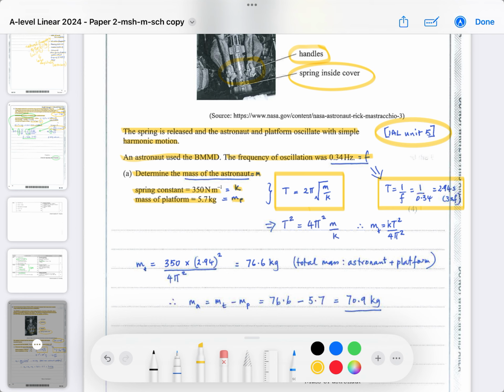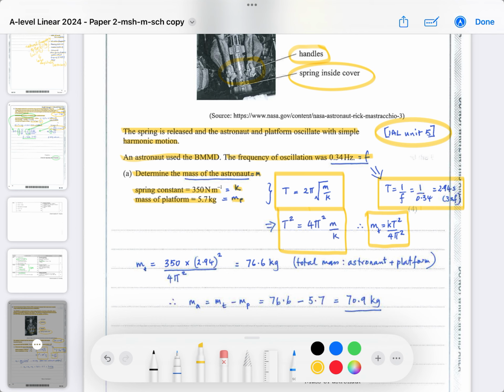So they want us to work out the mass of the astronaut, so all we've got to do is work out the total mass by getting rid of the square root, and we can make the mass, I think it says MT for mass total, the subject of the equation, if you can see what I've done.